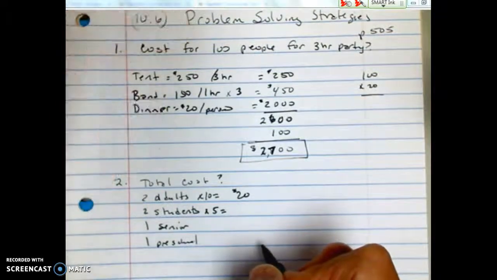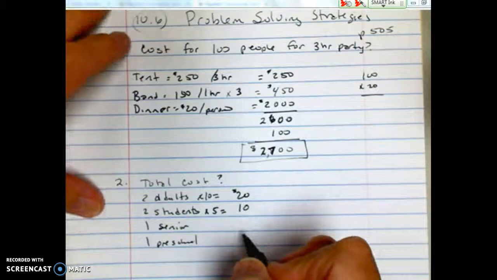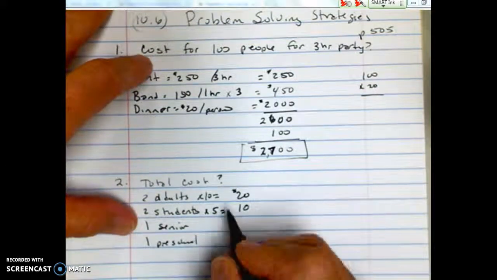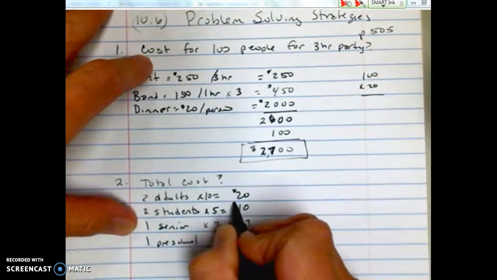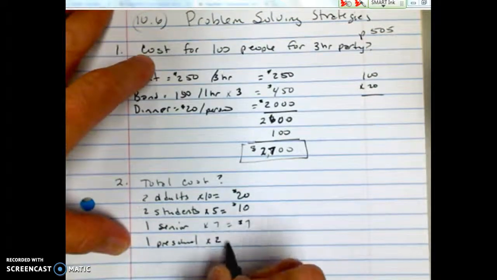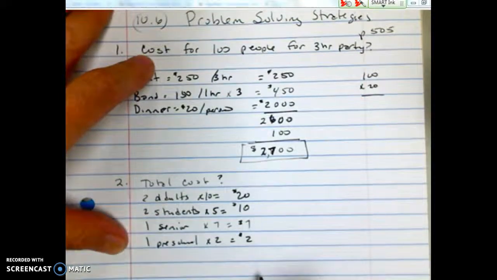So we say, okay, what is 2 times 5? And of course that is 10. And then we say, okay, we have 1 senior. The senior tickets are $7, so it's $7 for the senior ticket. And the preschooler is times $2. So it's $2 for this preschooler ticket.